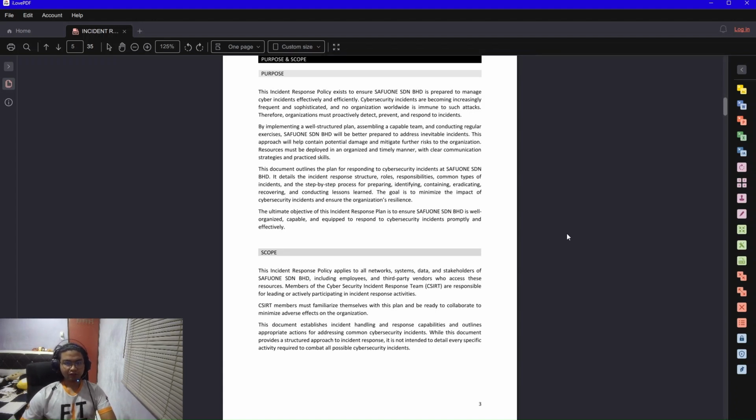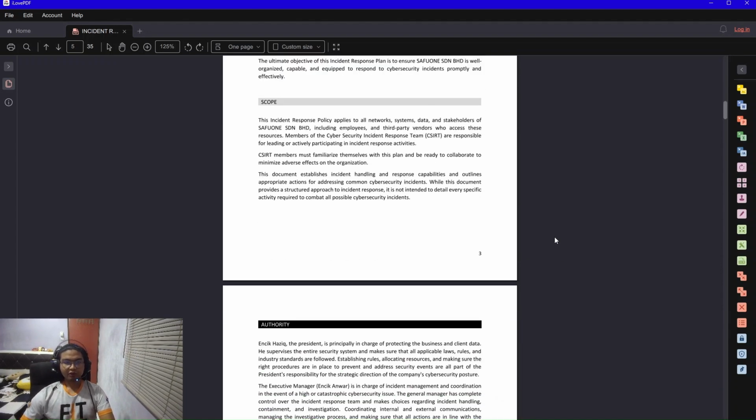The ultimate objective of the IRP is to ensure that Safuone Berhad is well organized, capable, and equipped to respond to cybersecurity incidents. The scope of our IRP applies to all networks, systems, data, and stakeholders of Safuone Berhad, including our employees and our third-party vendors who access these resources.